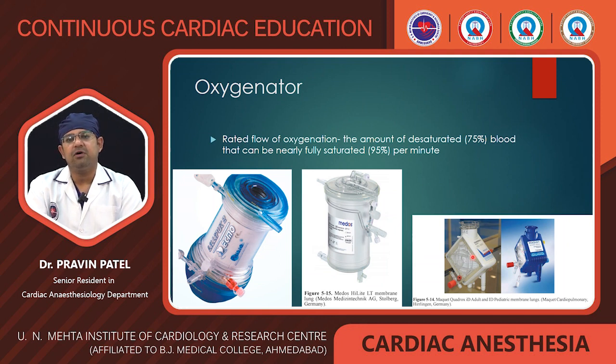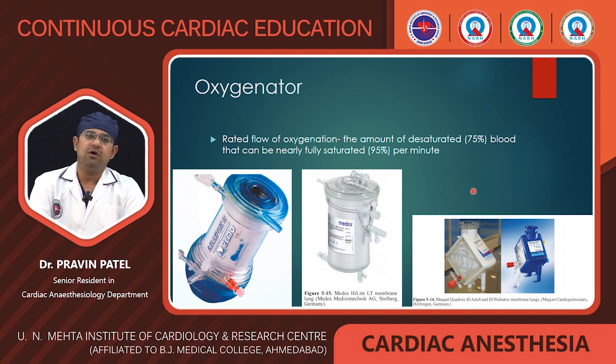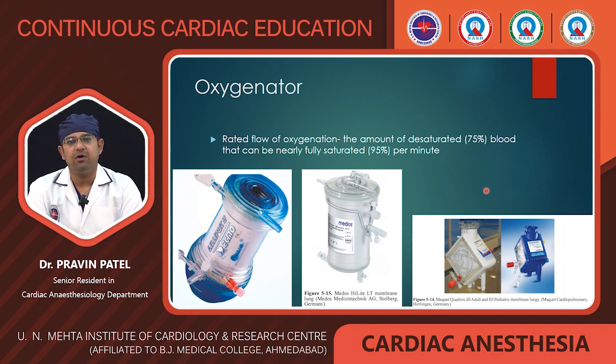Here the blood and oxygen transfer occurs perpendicularly. The advantage of polymethyl pentane in all these oxygenators is that they are very compactly placed, so the requirement of priming volume is decreased. There is something called the rated flow of the oxygenator, that is the amount of desaturated blood that can be nearly or fully saturated per minute.